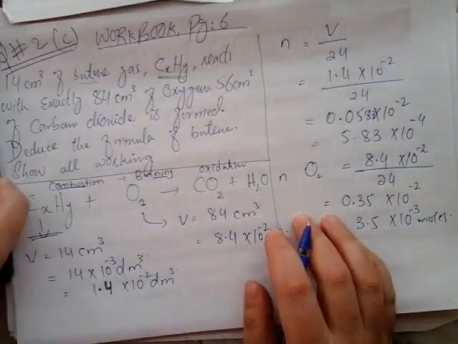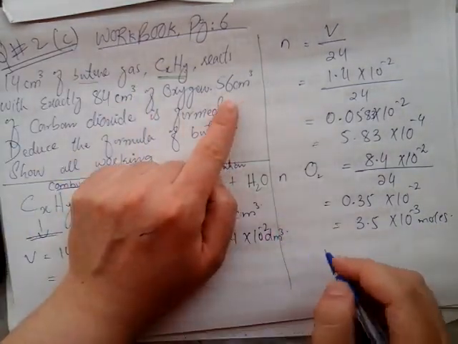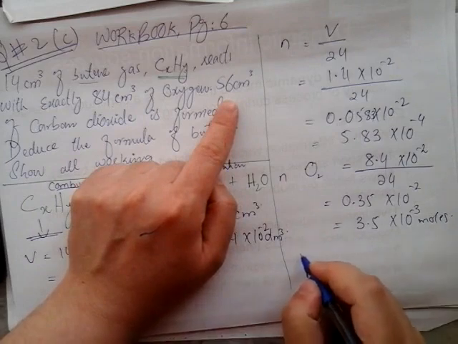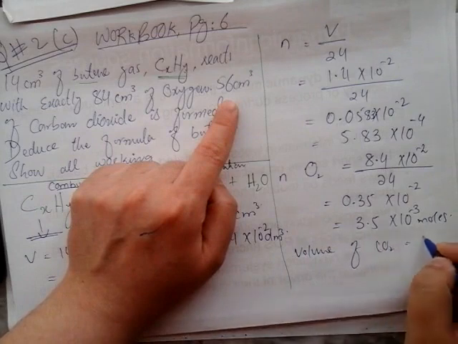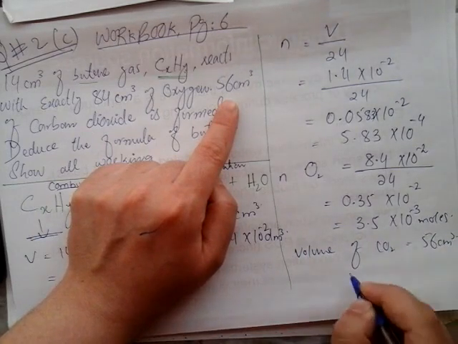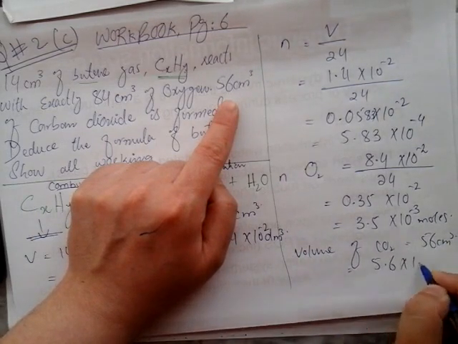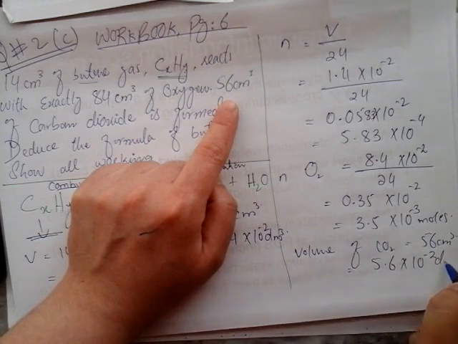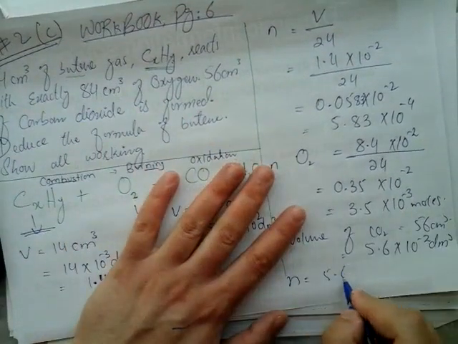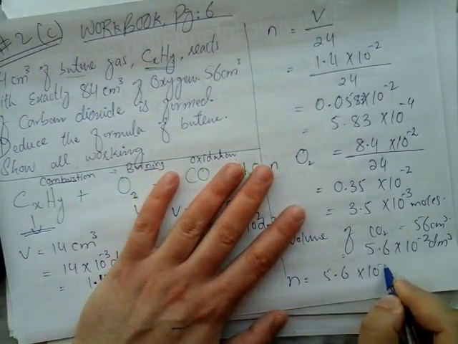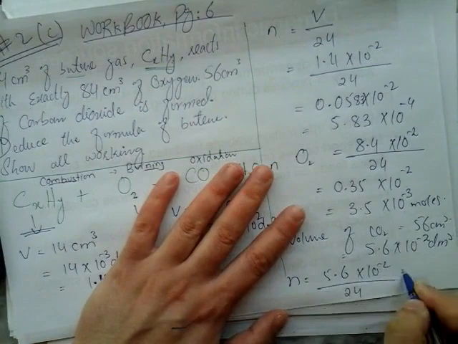Okay, and carbon dioxide, we have forgotten about carbon dioxide, so let's calculate its value as well. Volume of carbon dioxide is 56 centimeter cube. It comes out to be 5.6 into 10 raised to power minus 2 decimeter cube, and its mole would become 5.6 into 10 raised to power minus 2 over 24.